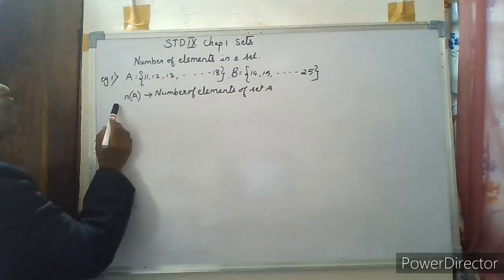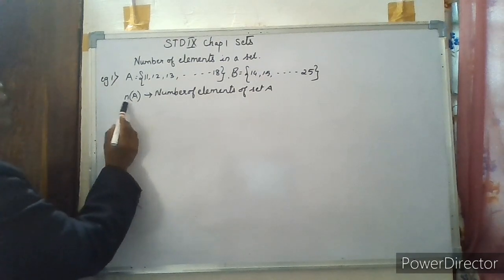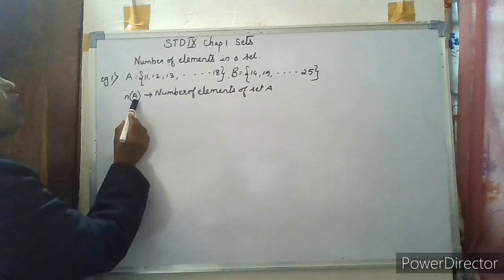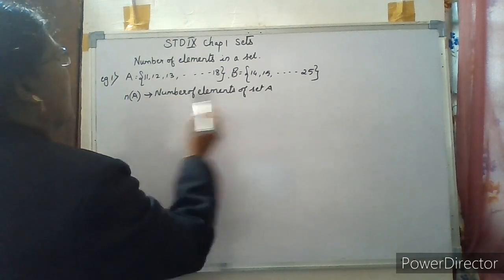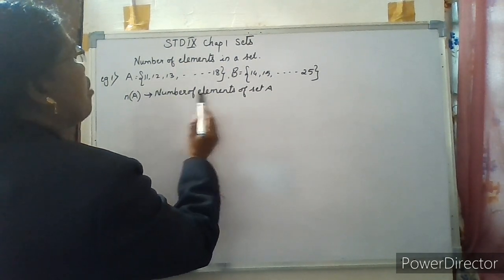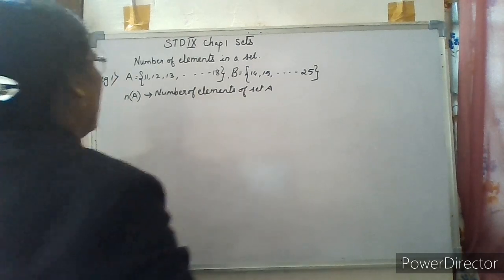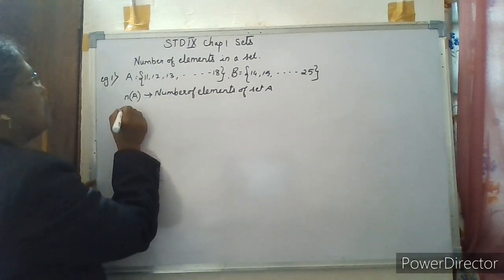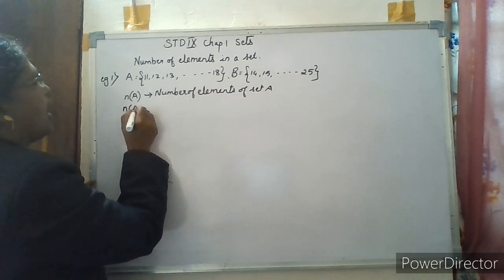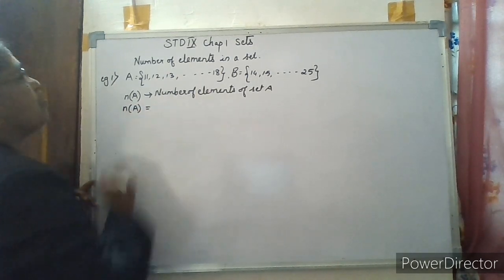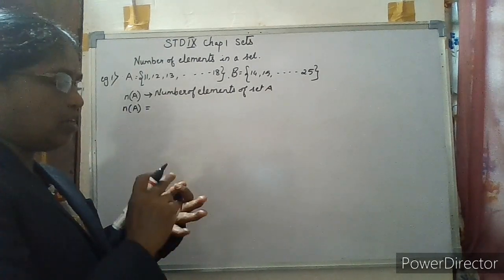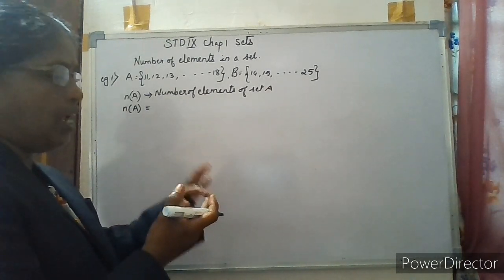Number of elements is denoted with a small letter n: n(A), which we read as the number of elements of set A. Now we will count the number of elements of set A. 11 to 18: 11, 12, 13, 14, 15, 16, 17, 18.